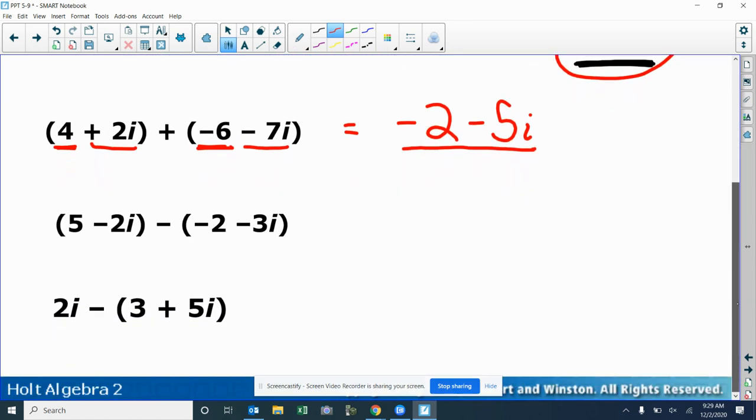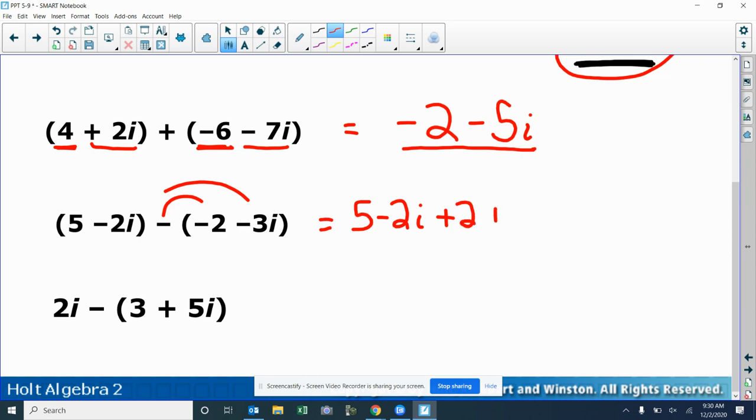Now, of course, we can add a little twist here. It might be good for you to know that this negative has to be distributed. So I'm gonna rewrite this as 5 minus 2i, okay? It's gonna become plus 2, and it's gonna become plus 3i.